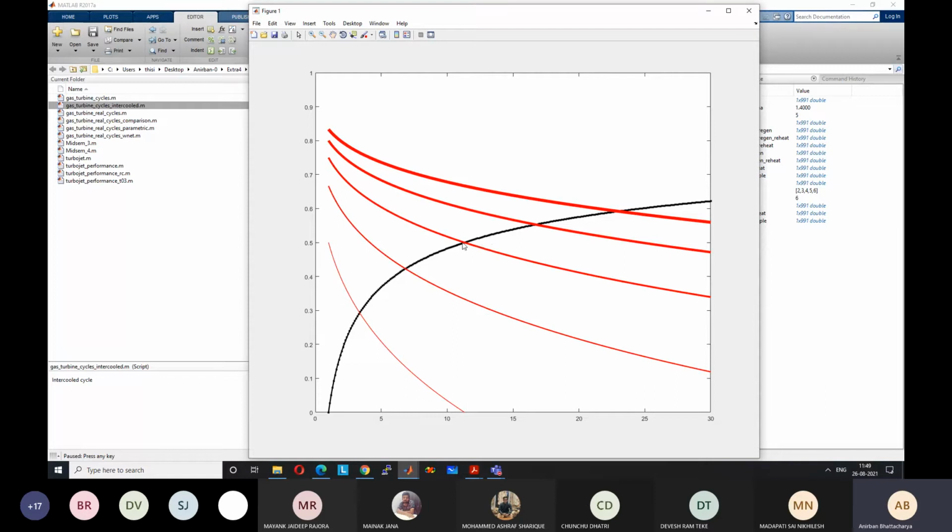But once you go to higher values of T, you get quite a bit of range up to which this regeneration cycle has a higher efficiency. For example, in this case, it is around 23 or 24, where the crossover occurs.